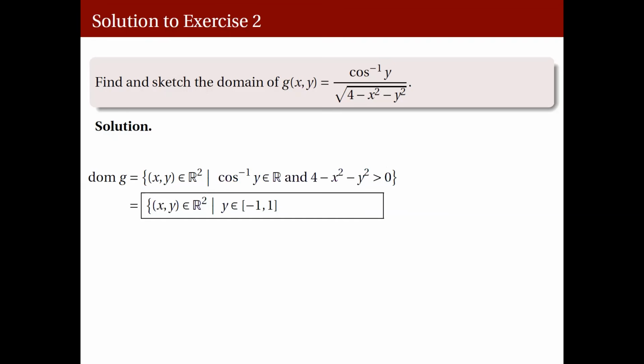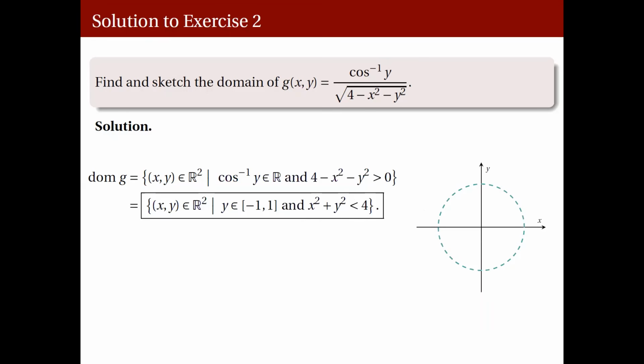And as for the second property here, we have this inequality, which is based on x squared plus y squared equals 4. So we will be taking some region defined by a circle centered at the origin, radius 2, like this. So it's either the inside of the circle or the outside. And furthermore, this boundary is dashed since the inequality does not include x squared plus y squared equals 4. Okay?